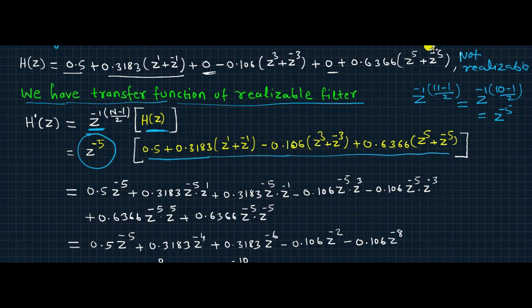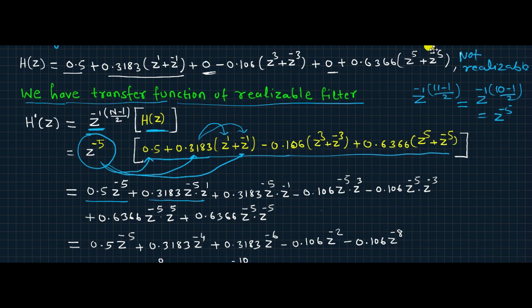Now what is the next step? Just multiply H(z) by this term, z^-5, into this term, z^+1, and again this term with the second term. So we got the first term 0.5 z^-5, then 0.318 z^-5 into z^+1, and similarly we got these things.